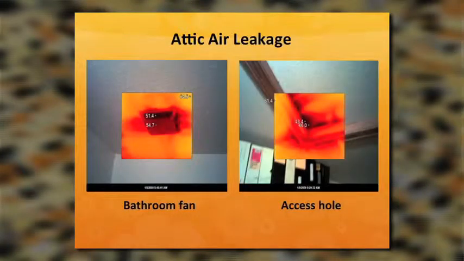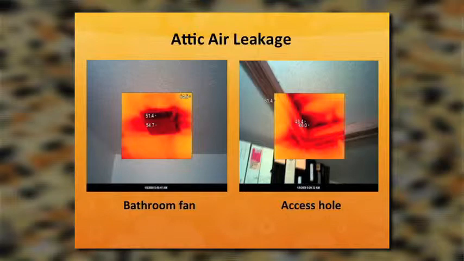Next to that, we have the access for the attic. We have an attic access hatch. A lot of times, you'll find attic access hatches that do not have a weather stripping seal on them. As a result, you get a lot of infiltration, or exfiltration in this particular case, which is exacerbated by running our blower door.